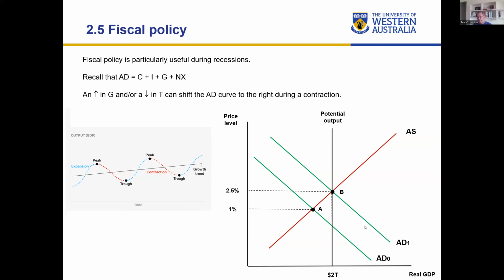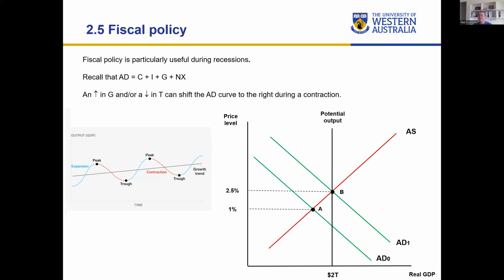So what happens is the aggregate demand curve shifts to the left. Why? Could be a range of different reasons, but the aggregate demand curve shifting from AD1 to AD0 is just a negative economic shock to the system. One or more components of expenditure have dropped to cause this leftward shift.